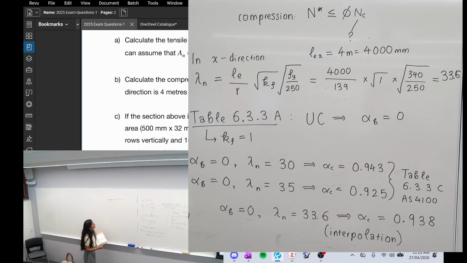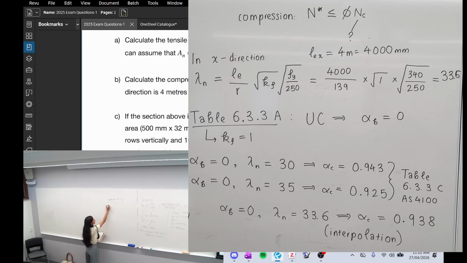So we want to check that. That means we have to find the new NC. We did all of this before in part B, so it's essentially the same thing. We want to find AC, the reduction factors, and the slenderness.